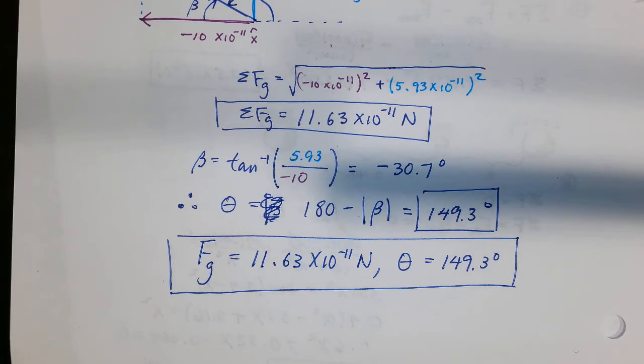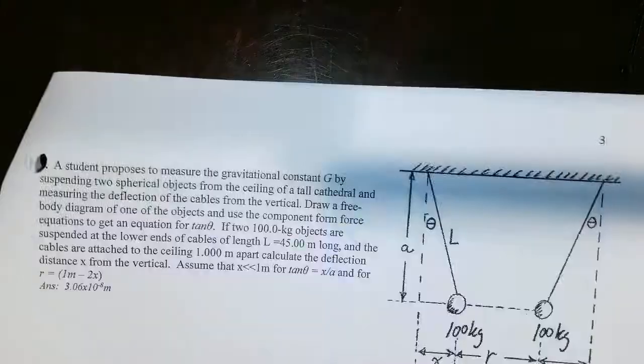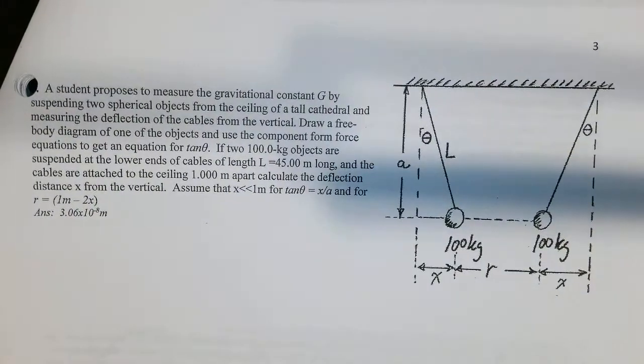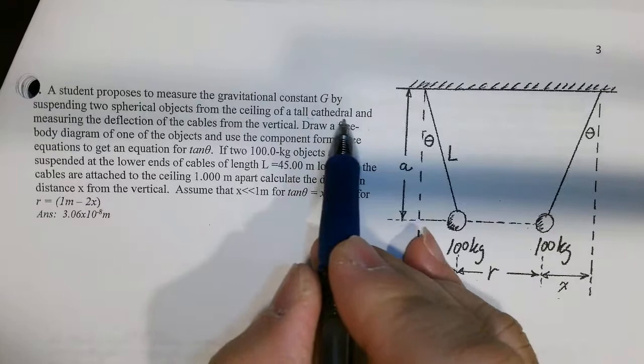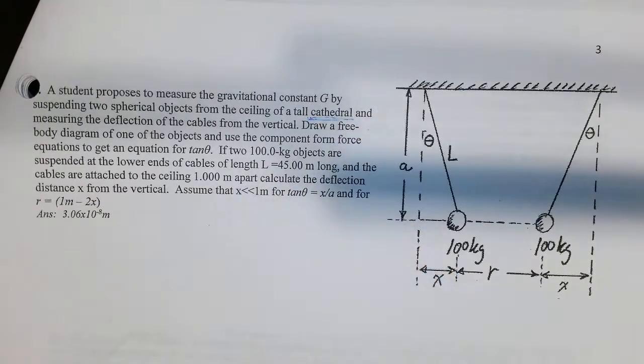All right, next. A student proposes to measure the gravitational constant G by suspending two spherical objects from the ceiling of a tall cathedral and measuring, that sounds interesting, doing a science experiment in a church.